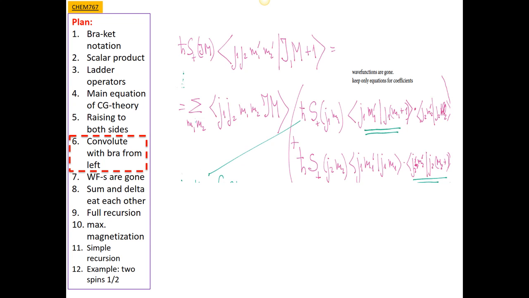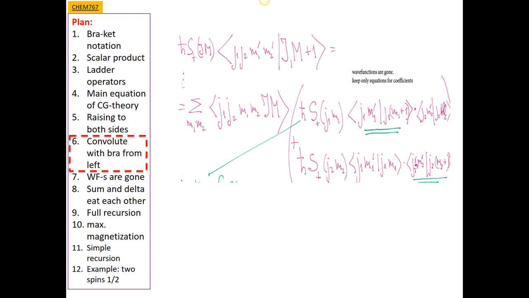So multiply from the left by the bra vector J2, M1 prime, M2 prime, onto the first one, J, M plus 1. And we will keep this S plus J capital M. So it is on the left, and now on the right, we keep the summation over 1 and 2.